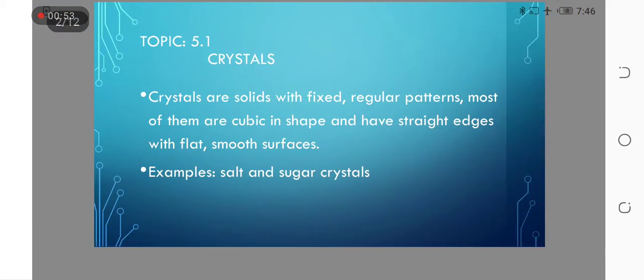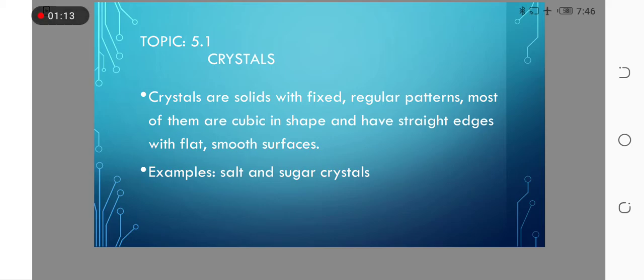So first of all, we will move towards what is meant by crystals and what the properties of crystals are. I would like to ask you, have you ever seen common salt or sugar at close range?